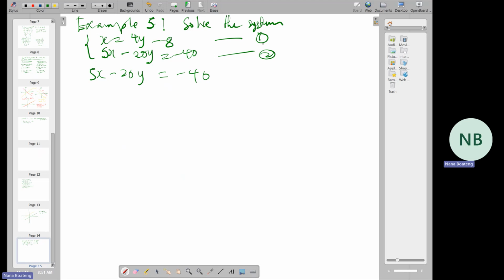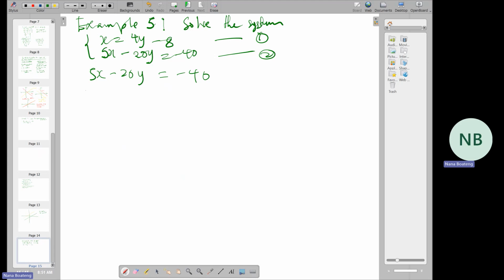Since the first equation is given to us as x is equal to 4y minus 8, using the substitution method here will be easier because we can express the second equation all in terms of y. So we can substitute x is equal to 4y minus 8 into equation 2.